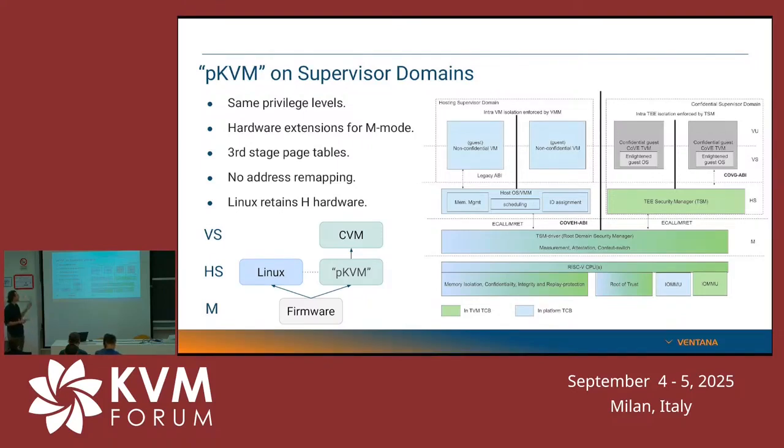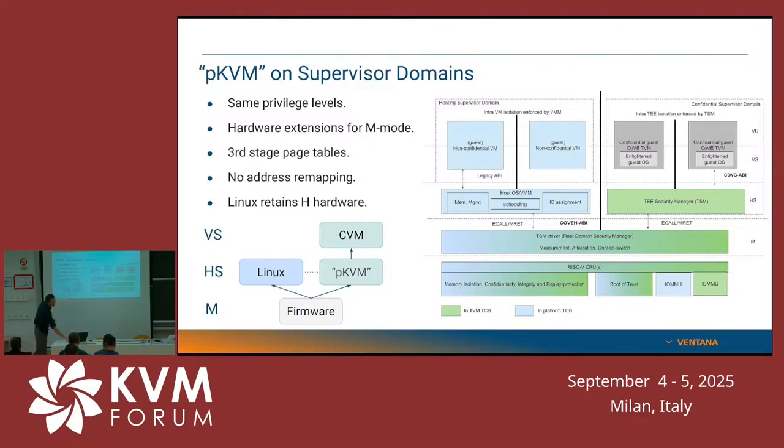Another flexibility is that you executed one trusted hypervisor in HS mode, and then Linux could execute just as well a second domain. So you could have multiple supervisor domain hypervisors that give you different security or trust guarantees depending on what you need.